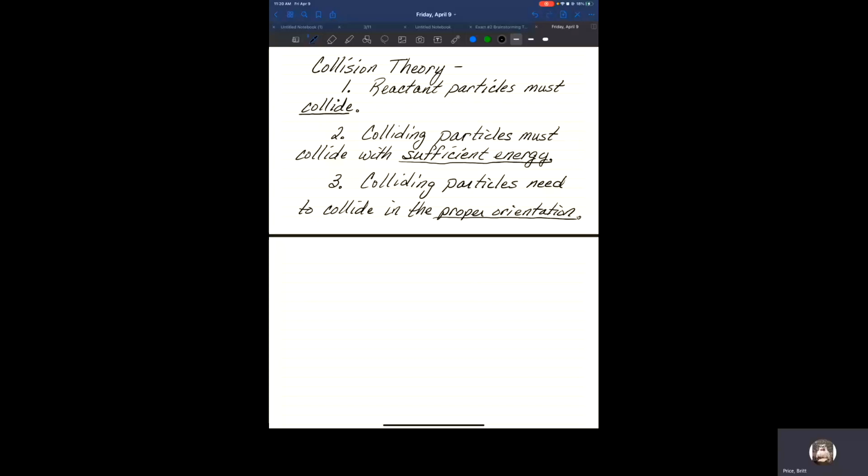So you can think of it kind of as this feeding idea. To feed my kid, I had to bring together the two pieces. I had to bring together my kid and the food. My two reacting particles, kid, food. To feed him, I had to make sure that I got the food to him fast enough.